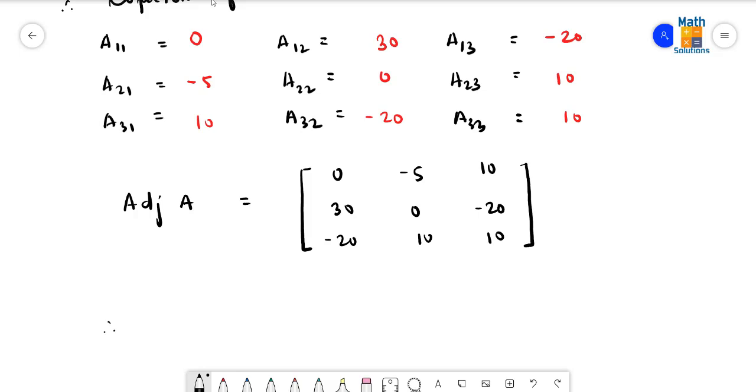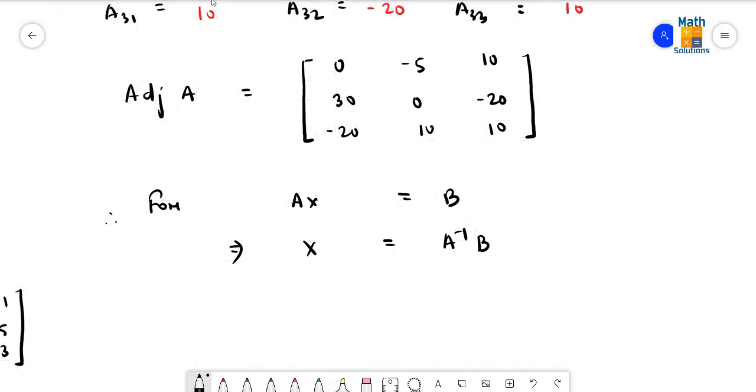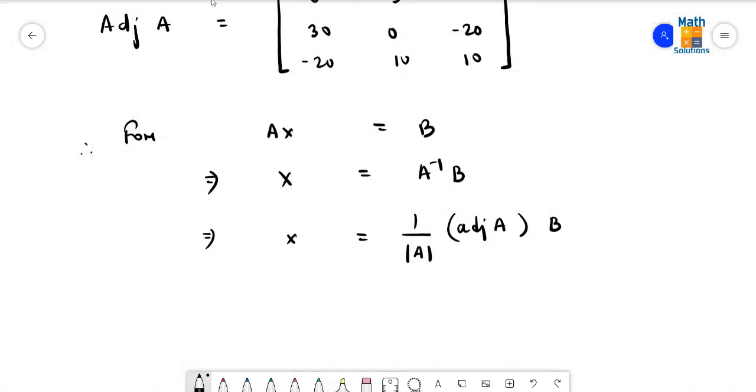Therefore for AX is equal to B, what we shall get? X is equal to A inverse B. Then after we shall be getting 1 by determinant of A into adjoint of A into B. Let us put the values.